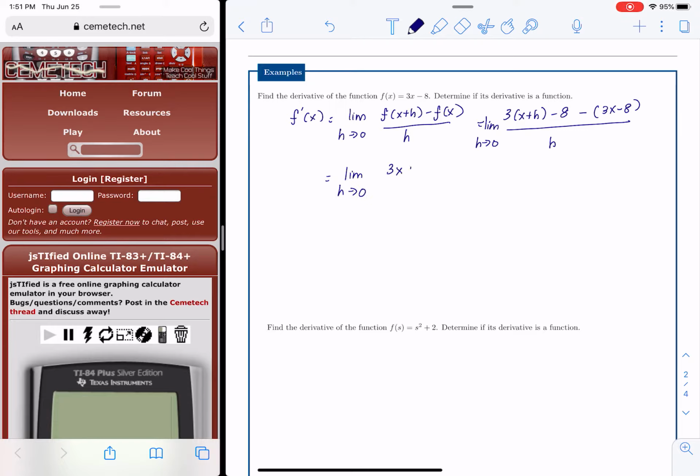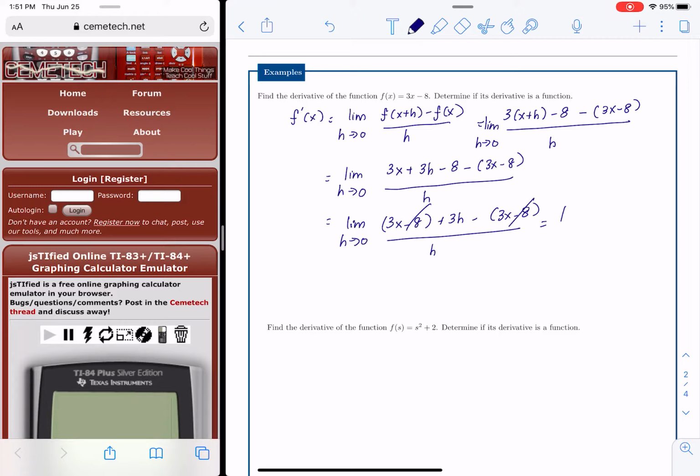So we have 3x plus 3h minus 8 minus 3x minus 8 divided by h. Limit h approaches 0, 3x minus 8 plus 3h minus 3x minus 8 divided by h. So those two would go away. We simply have h approaches 0, 3h over h. The h's would go away.